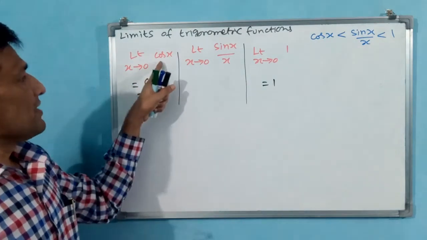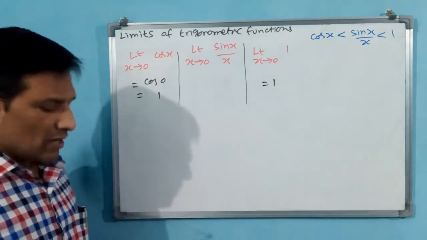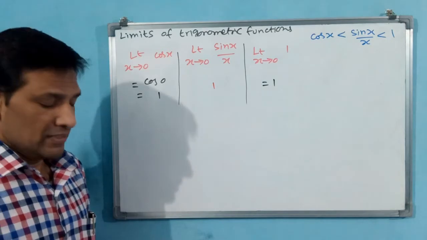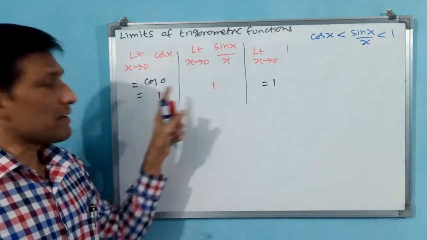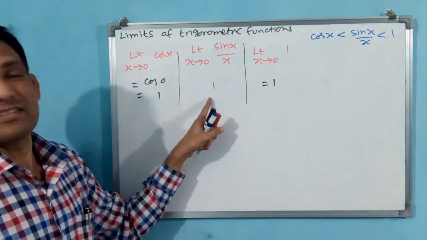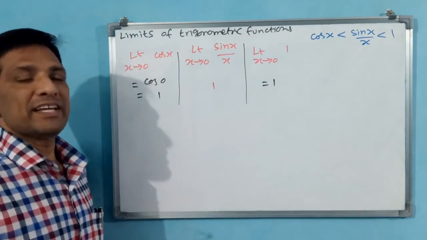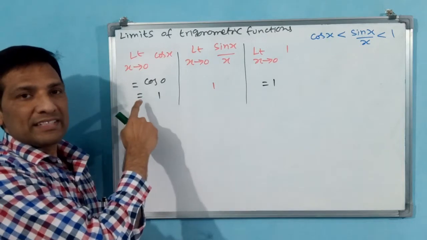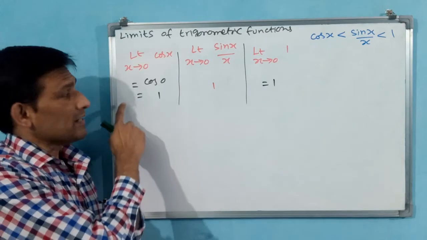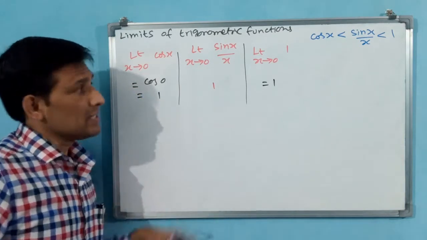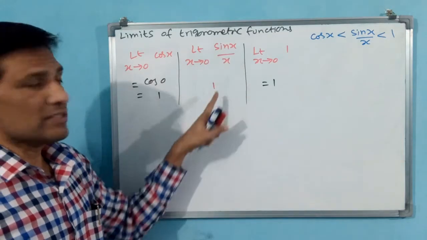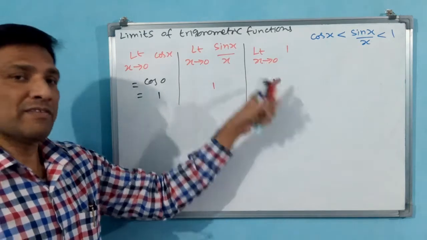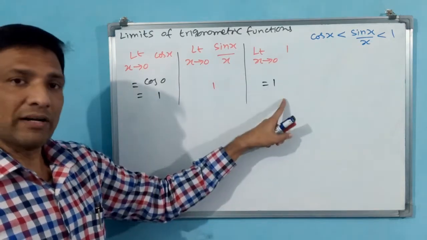See, when this value is 1 and this value is 1, automatically this value should be 1. We are not going to calculate this, but based on the sandwich theorem only you are writing this as 1. You have to take it like this only. Based on the sandwich theorem, limit of sin x by x is 1 as x tends to 0. Once again I am telling you, only at limit x tends to 0 is this 1, whatever value you give here, but this is 1 always.